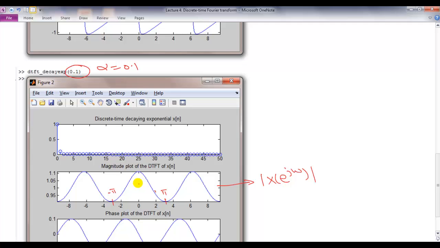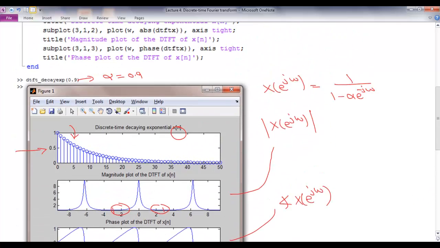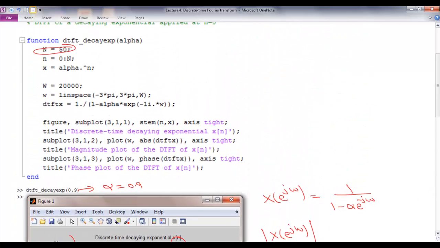So what I would encourage is that you write up this code and play with different values of alpha to see how the fluctuations in the signal correspond to the DTFT. Because the goal shouldn't just be that you can write down the formula. The goal should be that you really understand what the DTFT is telling you.